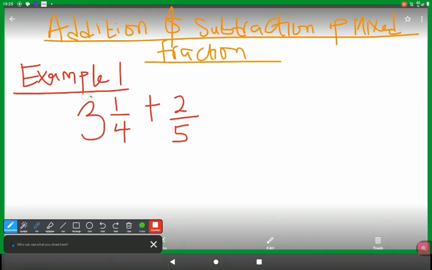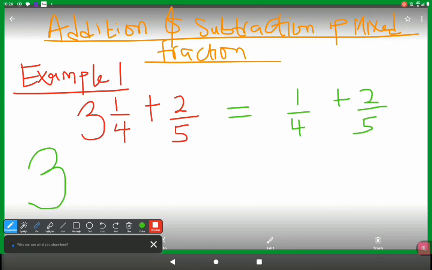Now this is the whole number, and this fraction doesn't have a whole number. So I'm going to pick the whole number separately. You can write the whole number separately somewhere. Then you'll be left with 1 over 4 plus 2 over 5.